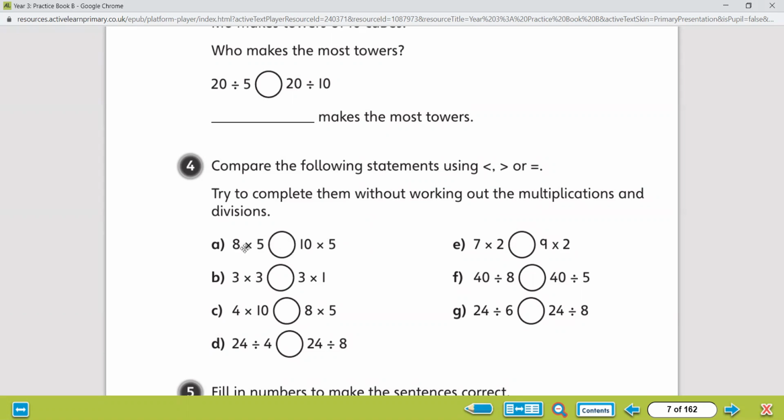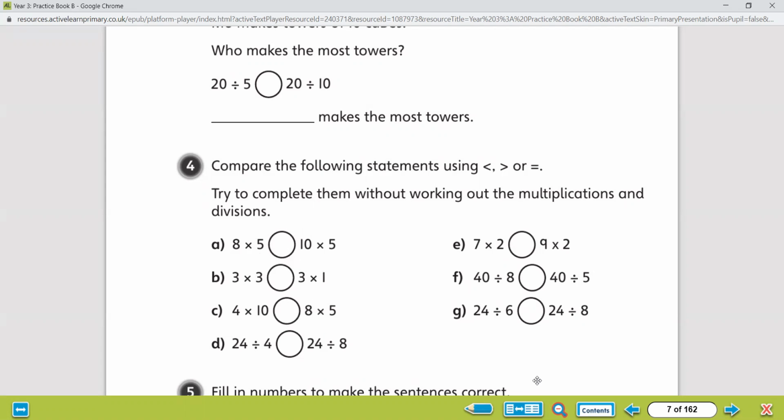What's different? It's the 8 and the 10. Is 8 the same as 10? Is it smaller than 10 or bigger than 10? If you need to work it out, that's absolutely fine. You could write the answers to each calculation above them so you can see quite clearly the numbers, and then put in the right signs. I want to see a picture of question 4 on Dojo, or you can send me a Word document by email.